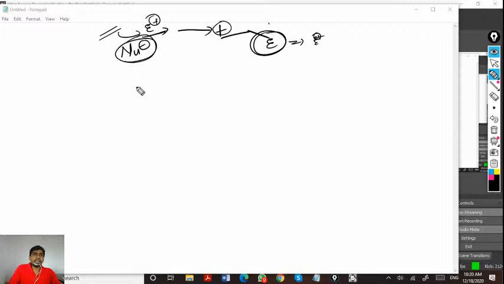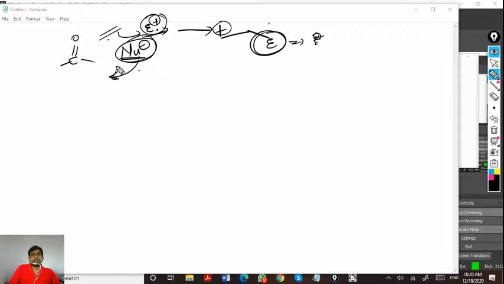Now in nucleophilic addition reaction, the nucleophile is going to attack. In electrophilic addition reactions, the attacking species is the electrophile, which is electron deficient, and this is the opposite: electron excess. If the attacking species is a nucleophile, which is electron excess, the site attacked must be electron deficient. So generally it will be the carbonyl carbon.